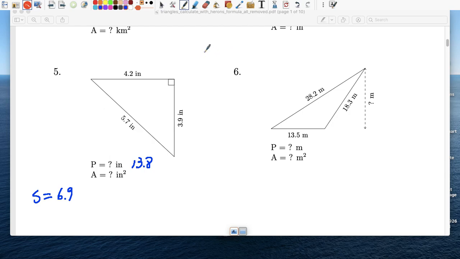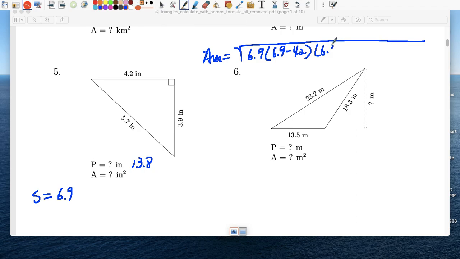The area of that triangle using Heron's formula is going to be the semi-perimeter, 6.9, times 6.9 minus 4.2 times 6.9 minus 5.7 times 6.9 minus 3.9. There we go.